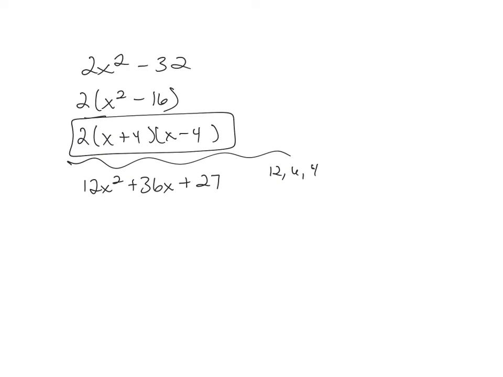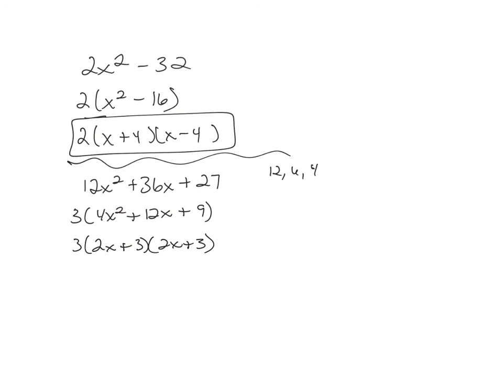So 3. 3 into 12, yeah, 4 times. 3 into 36, yeah, 12 times. 3 into 27, yeah, 9 times. So I can take a 3 out, and when I divide it back, if you notice, in this case, instead of minus, it'd be plus because the 12 is positive in the middle.